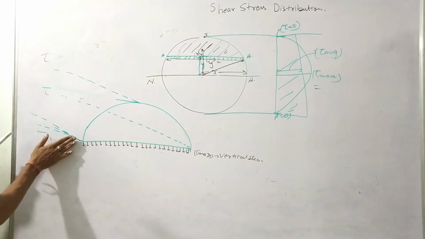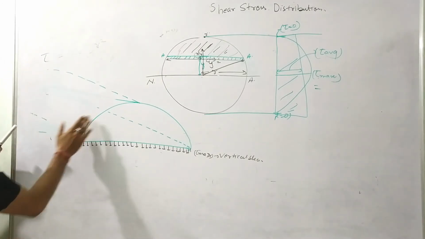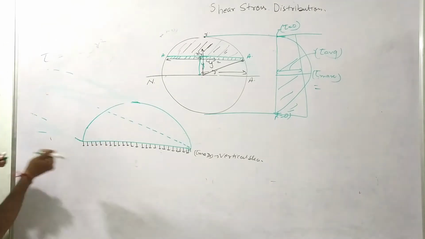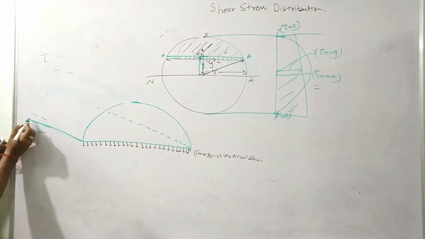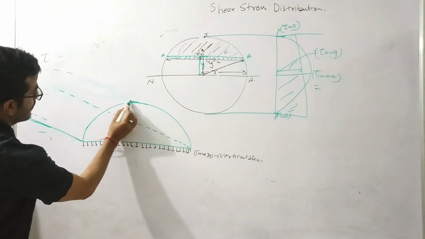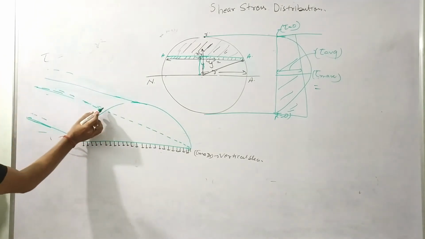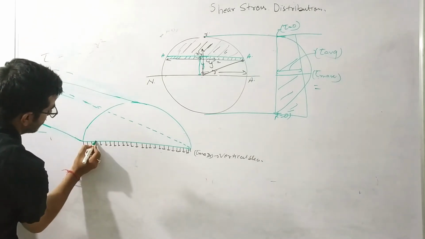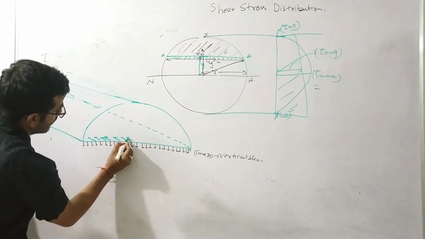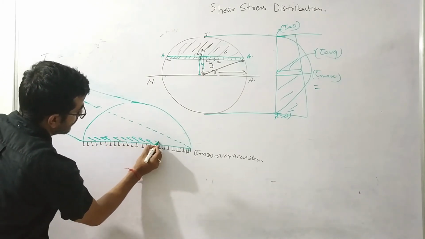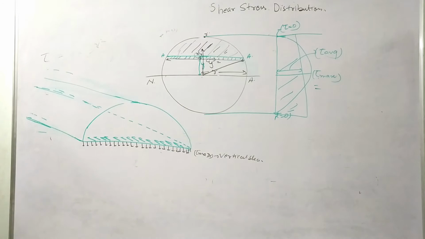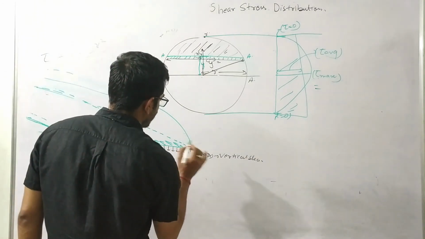At this horizontal section, the shear stress will look like this. These both values are the same.